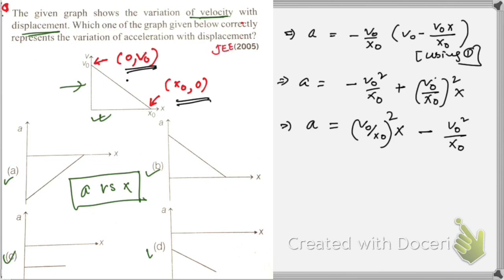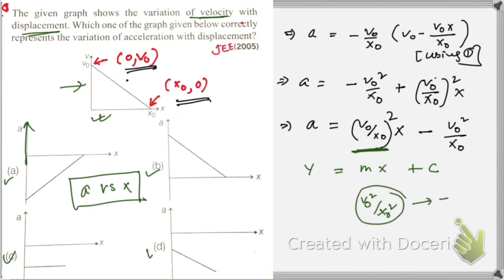And here you see, if you compare this equation with y = mx + c, right? Here the y-axis is the acceleration, right? Now you see, this slope m is positive here. This is positive, v naught square by x naught square, that's going to be positive, right?